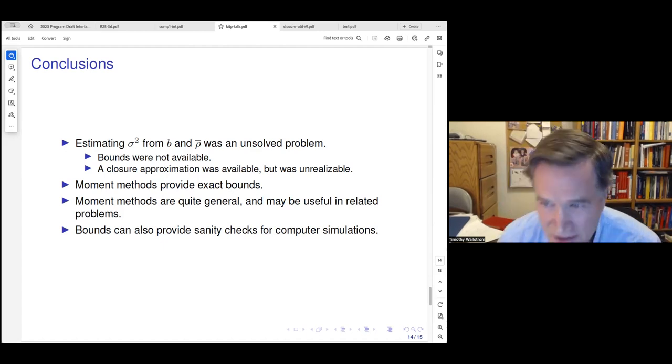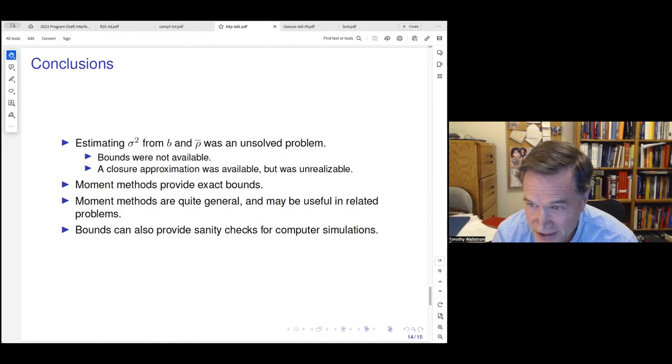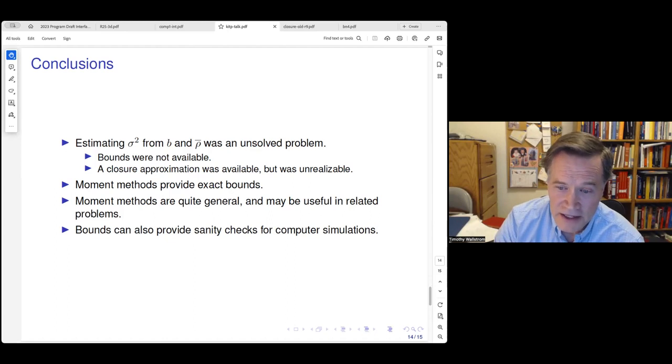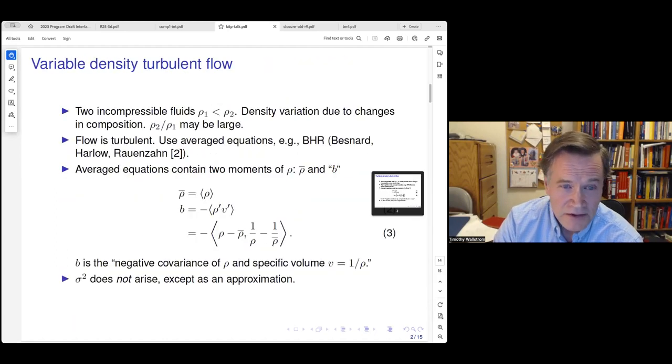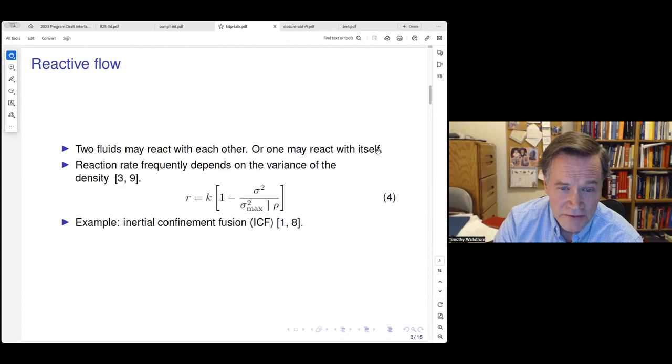To my knowledge, it hasn't been used in practice at this point. And your point that it's highly mathematical is completely correct. There are a lot of idealizations here. For example, if you look at this reaction rate, in a real problem, this coefficient K is going to depend on temperature. And if you have a reaction going, then it's going to change.